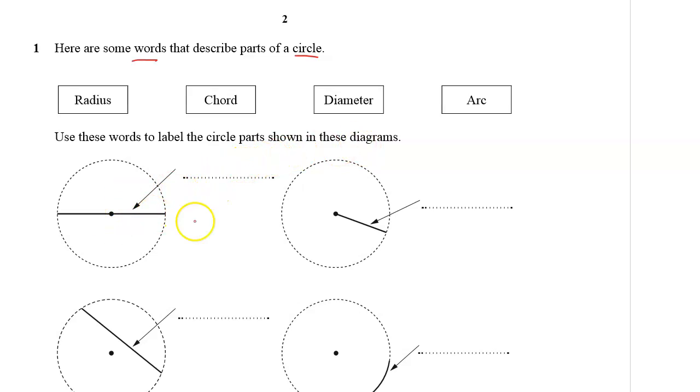Of course, the first circle, the part that is shown here is the diameter. The second diagram, here we have a radius.